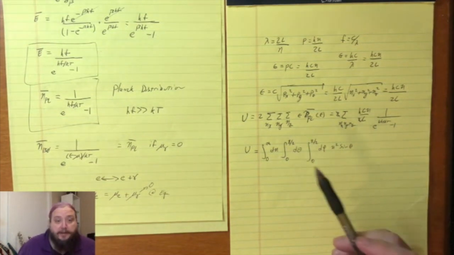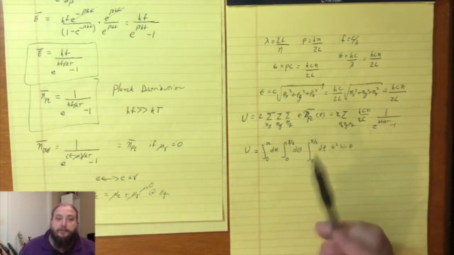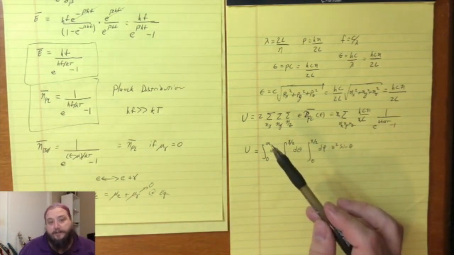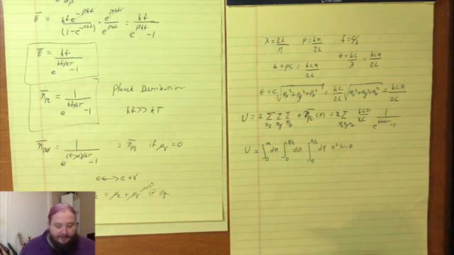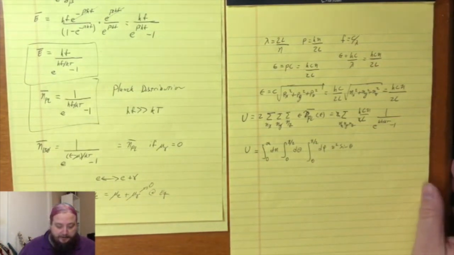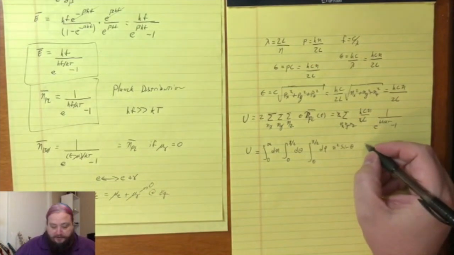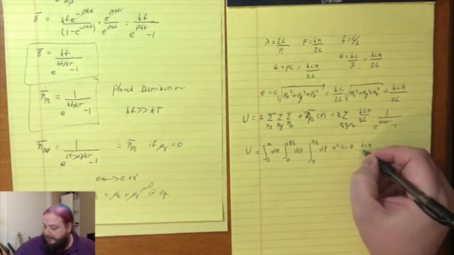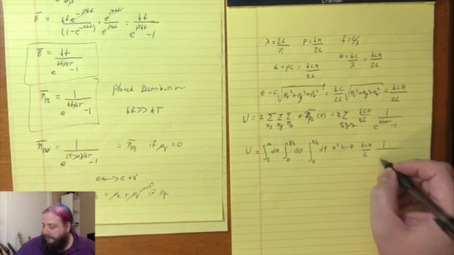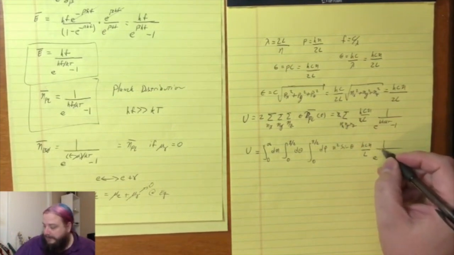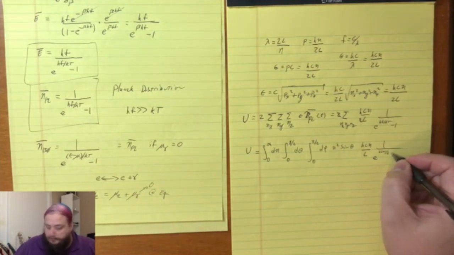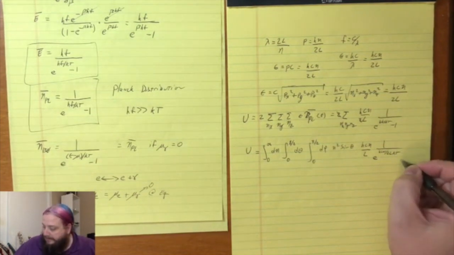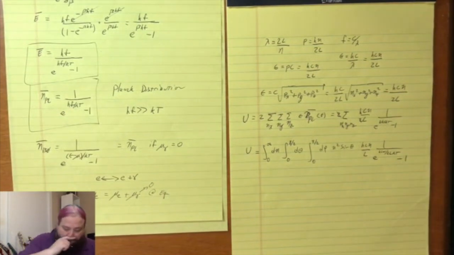This is a particle in a box calculation. It's just that our particles are bosons instead of fermions this time, and they're photons instead of electrons, but effectively the same integral is being done here. And then we have the energy term, hcn over L, and the Planck distribution, e to the energy hcn over 2L kT, minus 1.